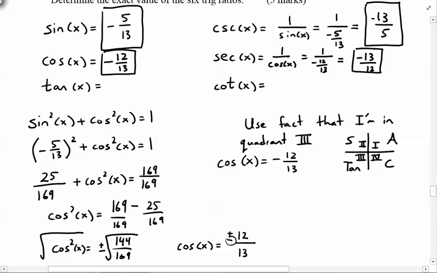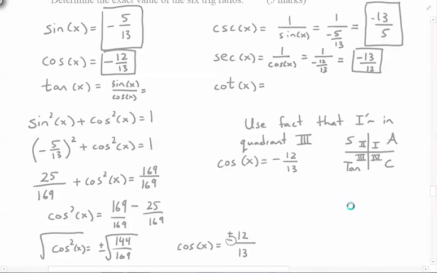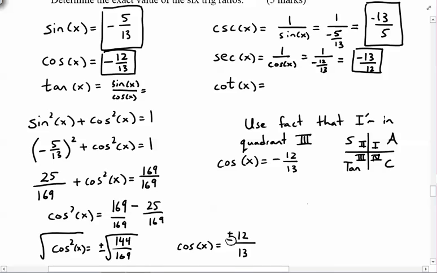Now tangent is sine over cosine. So let me figure out what that is down here because I don't think I have space up there. So sine over cosine is the same as negative 5 over 13 divided by negative 12 over 13, both negative.